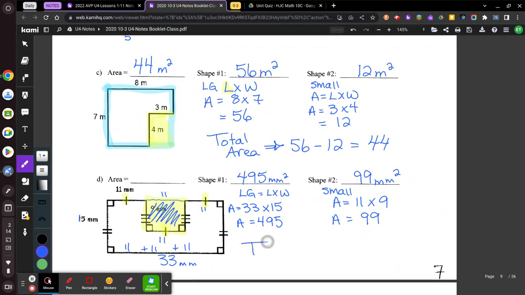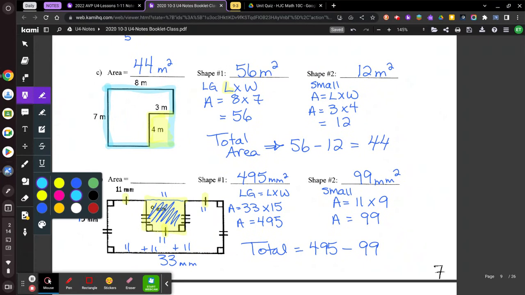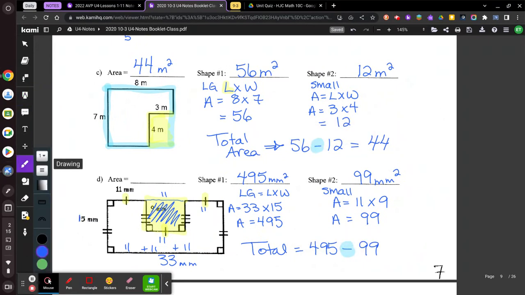So our total area will be to take our big one, and this time we're subtracting. So what we should notice now is this one is a subtract situation, because I added that extra spot in there.